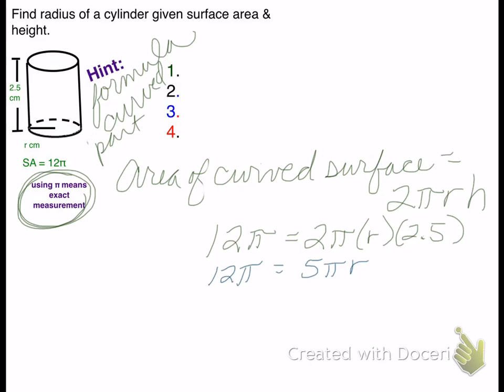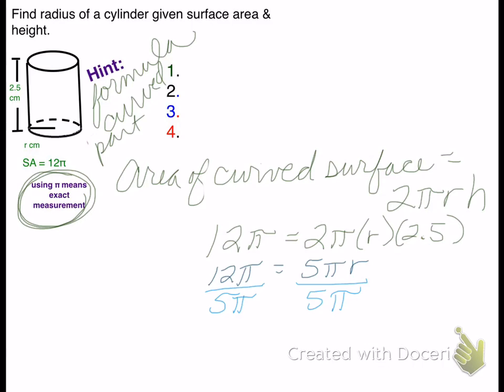Now, for my next step, I'm going to need to do some division. So here I am, ready to divide by the coefficient. So my next step is to divide. That's for step 3. So I'm dividing by 5 pi, because that is my coefficient.